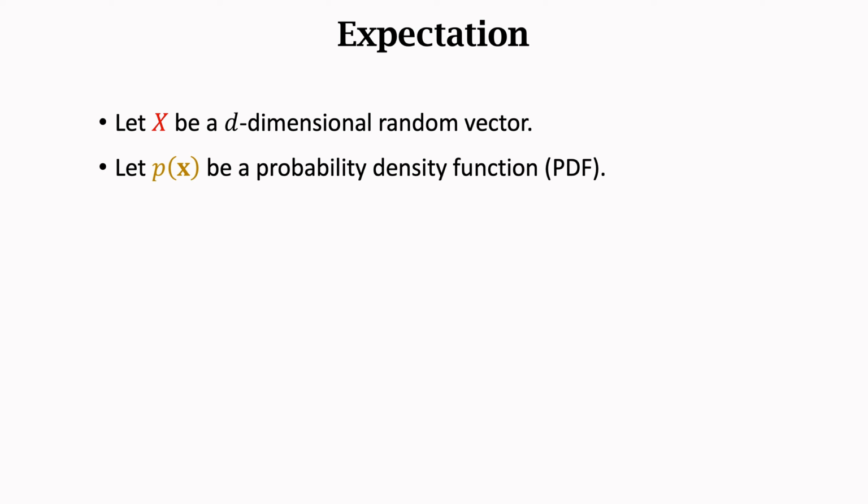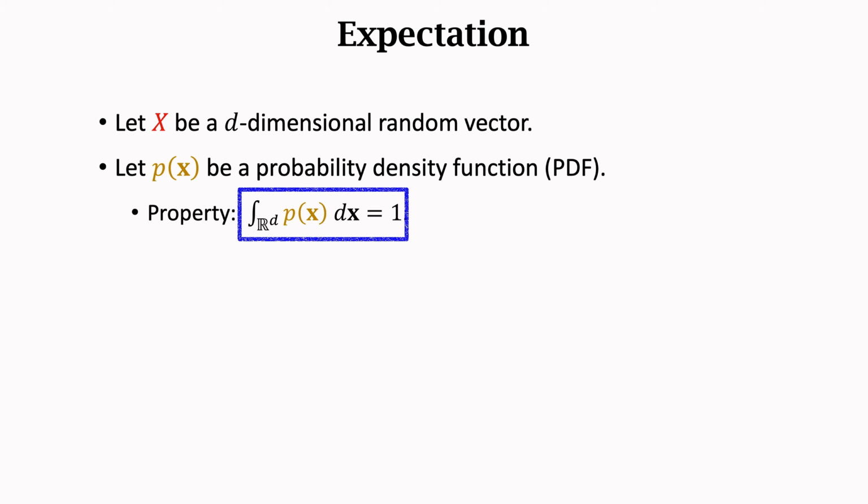Let Px be a probability density function, or PDF. It describes the probability density at point x. It has such a property: the integral of Px on the entire space is equal to 1.